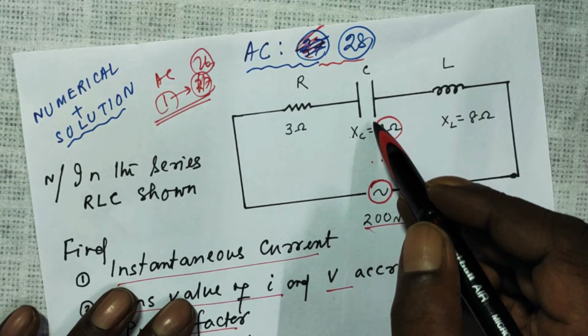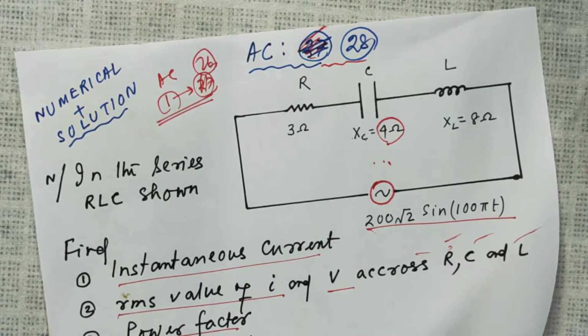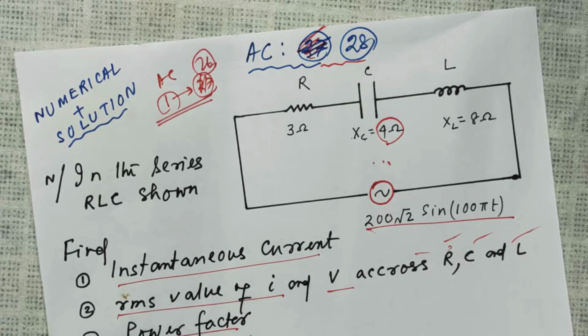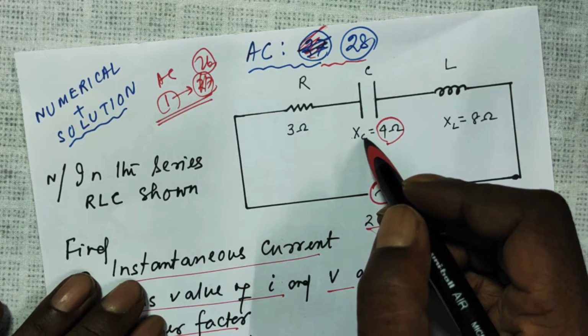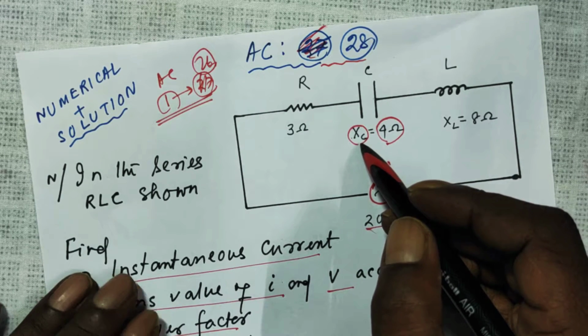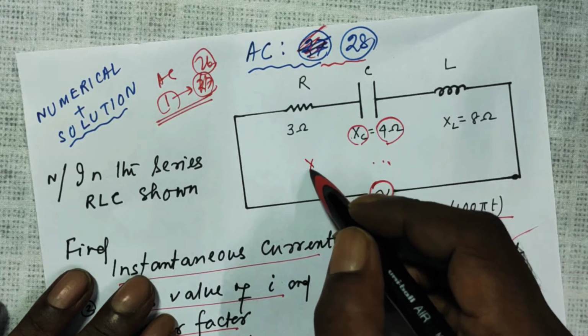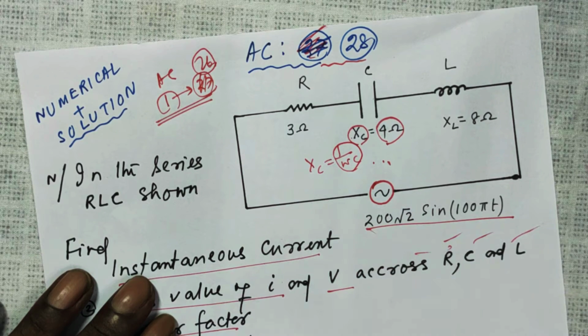What is capacitive reactance? When a capacitor is connected across an alternating source, it offers a resistance. That resistance is called capacitive reactance. Symbol is Xc. And this I had derived for you in previous lessons. Xc was equal to 1 by omega C, right?